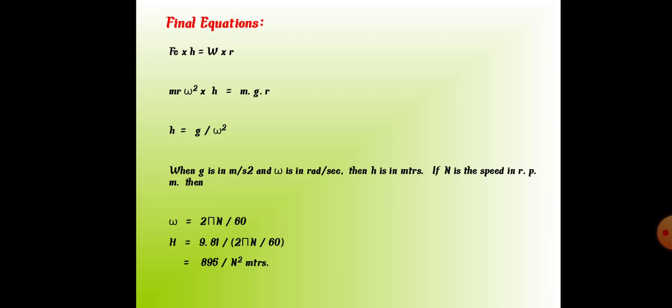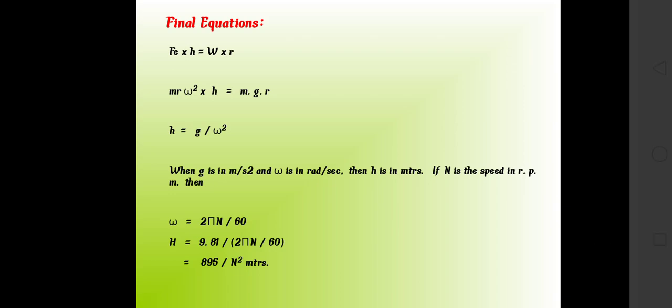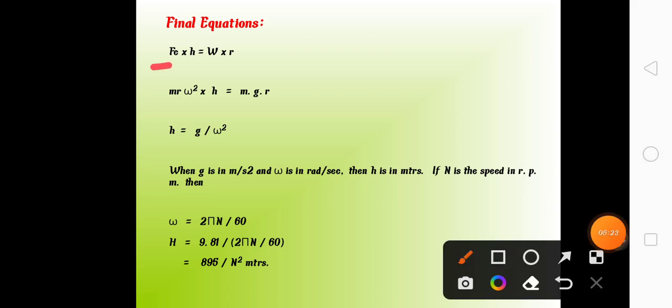Here we put the value of Fc, that is m r omega square, and the height of the governor is h. What is the value of W? As I said earlier, it is mass into gravitational acceleration. Here r gets cancelled, m gets cancelled. Then we find the value of h.